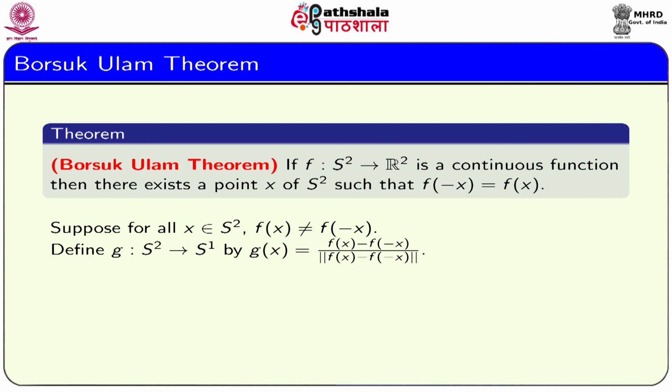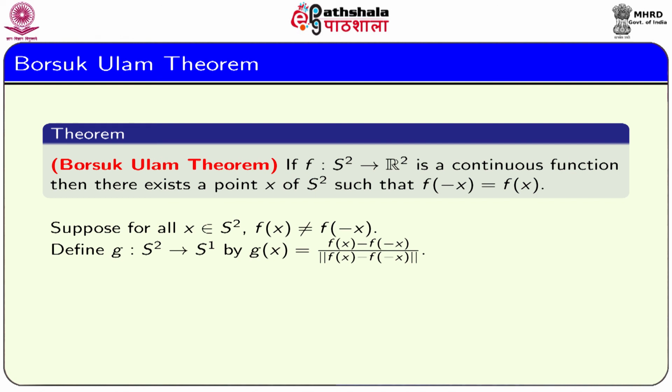If possible, suppose for all x belonging to S2, fx is different from f of minus x. Then we can define a function g from S2 to S1 by gx equal to fx minus f of minus x, whole thing divided by norm of fx minus f of minus x.